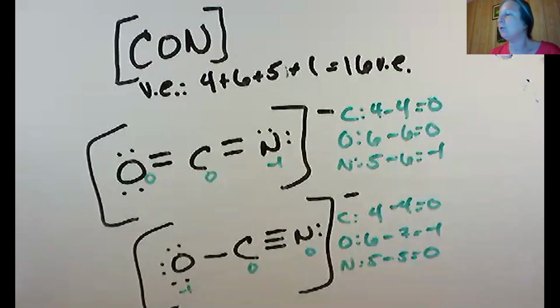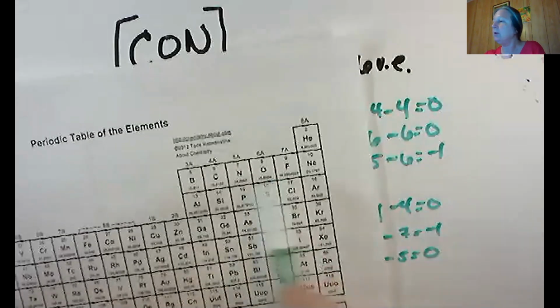So what's the better structure? Go back to that electronegativity rule. Your numbers are the same, 0, 0, minus 1. There's nothing next to each other that would conflict, no negatives next to each other. So we have a -1 on nitrogen, and over here we have a -1 on oxygen, which is more electronegative. If you look at your periodic table, oxygen is here, nitrogen is here.